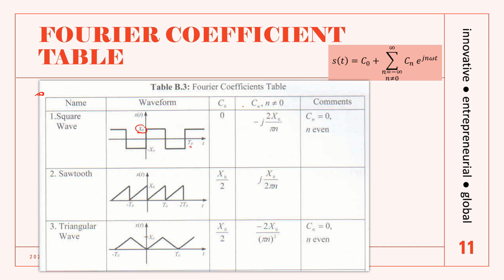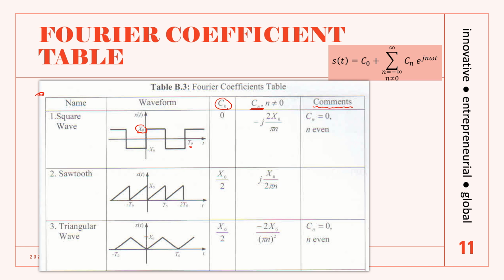What you also need to know from this Fourier coefficient table is the value of the first component, C naught, then another component, which is Cn, and you also need to look at the comments here. For example, for the first type, the square wave, this is how the waveform looks.